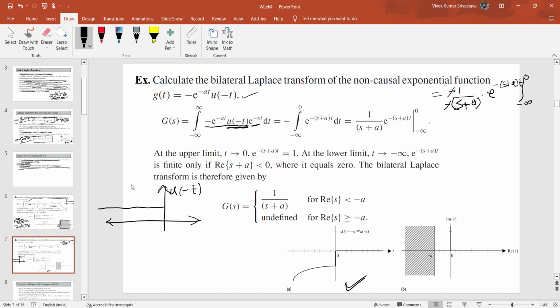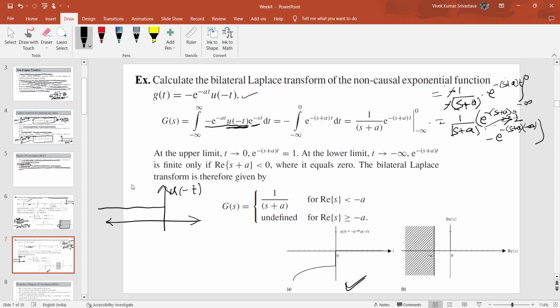So this equals 1 over s plus a times e raised to the power minus (s plus a) into 0, minus e raised to the power minus (s plus a) into minus infinity. From here, to make this Laplace transform a unique value, this term will be equal to 1.